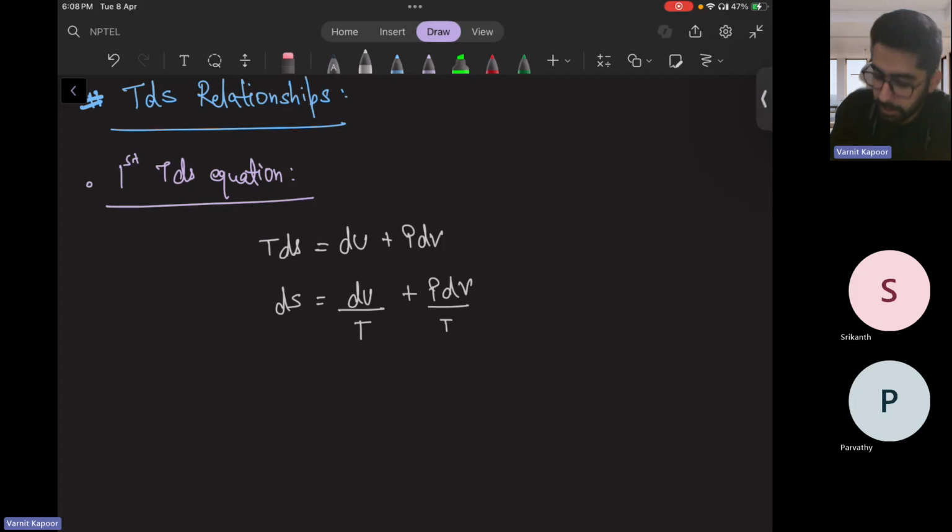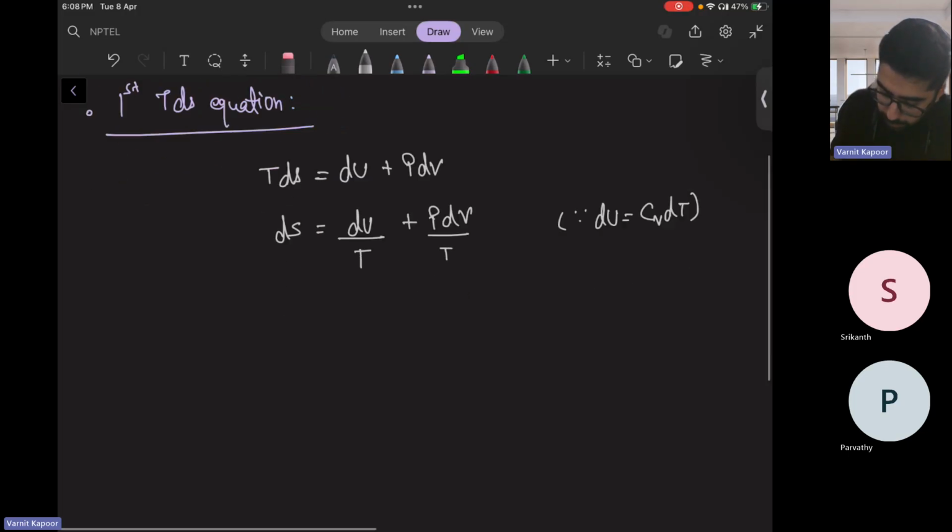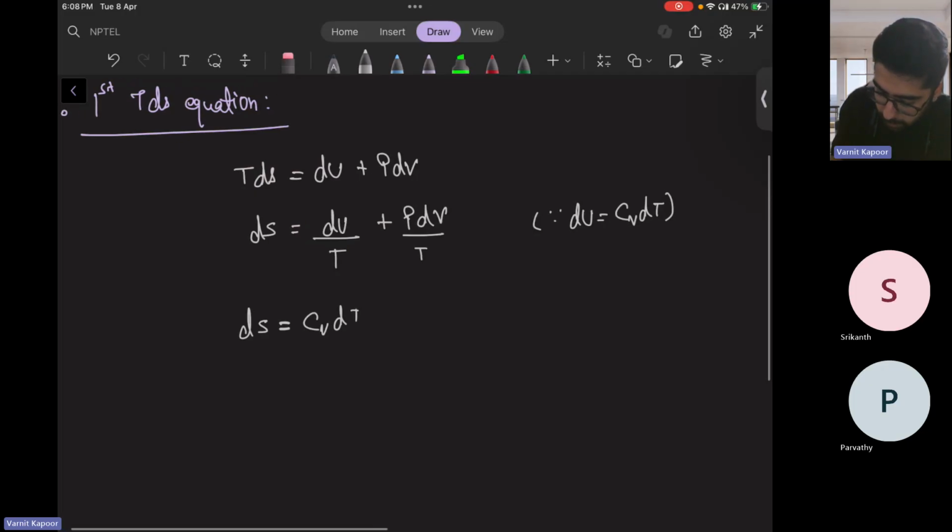Du is nothing but Cv dT. Since du is Cv dT, you can write ds as Cv dT by T plus P by T dV.